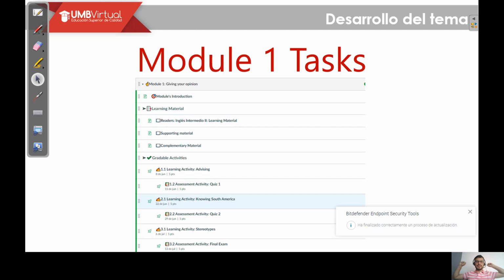Finish. Bien. Tenemos entonces las actividades calificables. Remember that you can present twice. Pueden presentar dos veces el 1.1, el 2.1 y el 3.1, que son talleres, workshops. 1.2, 2.2, and 3.2, you can present it only once.